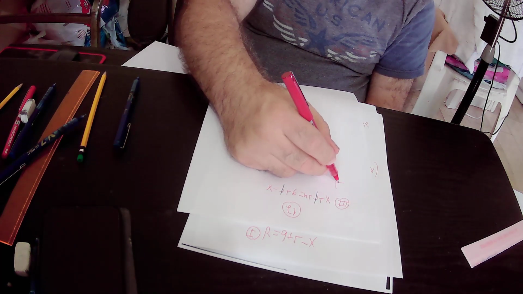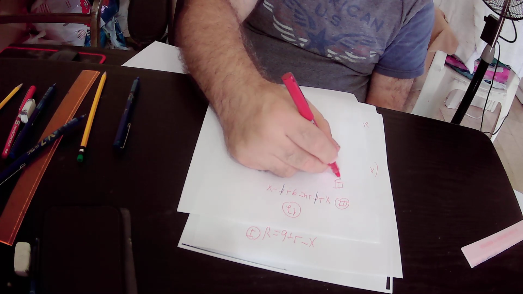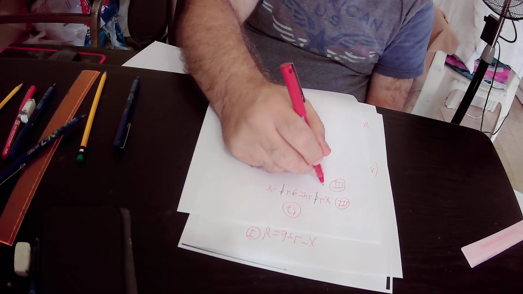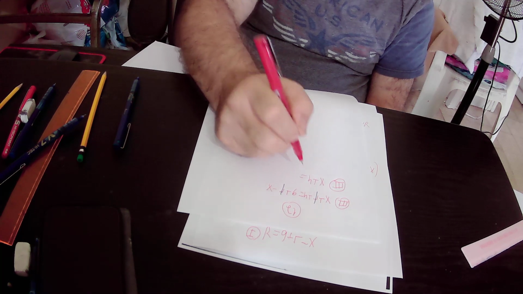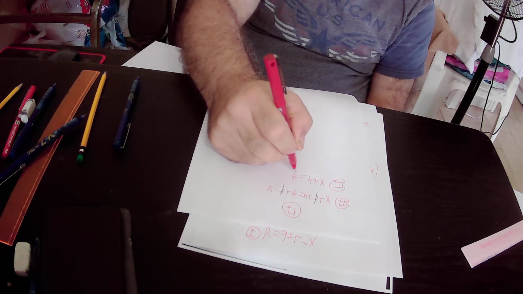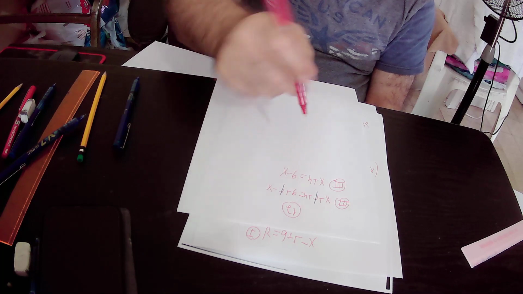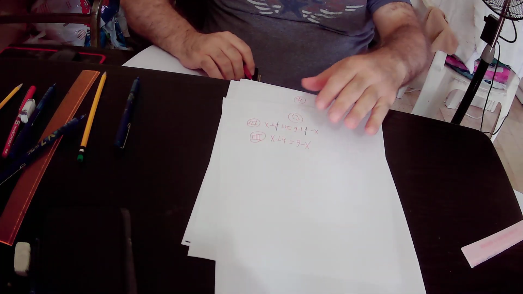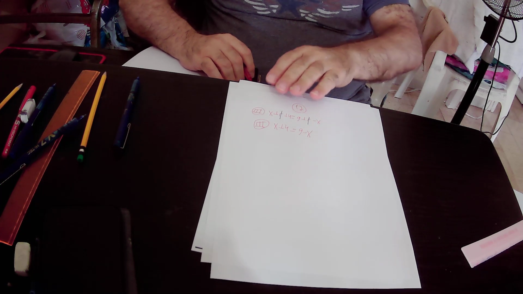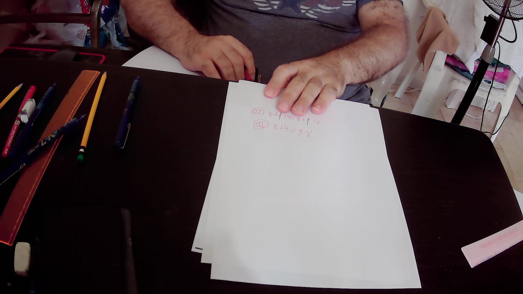So after we cancelled r, what is left is x plus 4 equals 9 minus x.